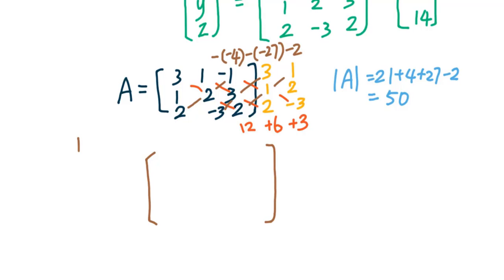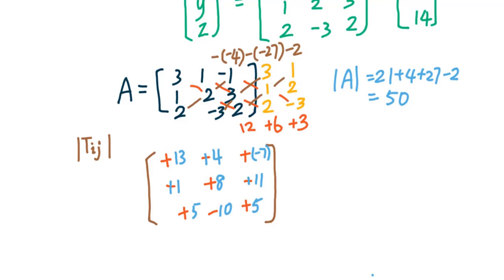Then we need to figure out the matrix of cofactors, that is the determinant of each element. Remember the sign: positive or negative. The diagonal is positive; if it's not on the diagonal, it will be negative. After we figure out this matrix formed by the determinant of each element, don't forget to switch.